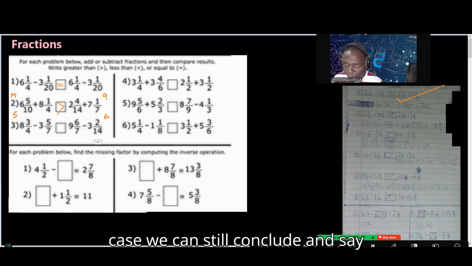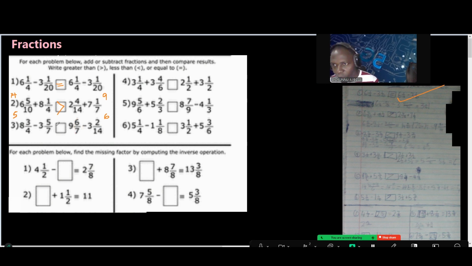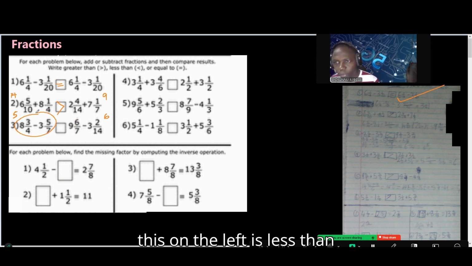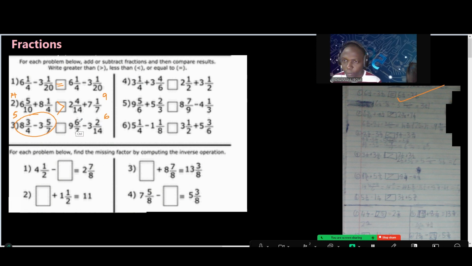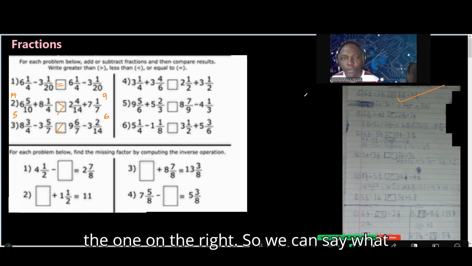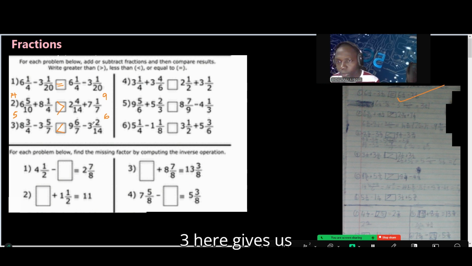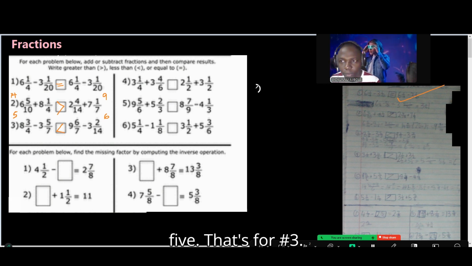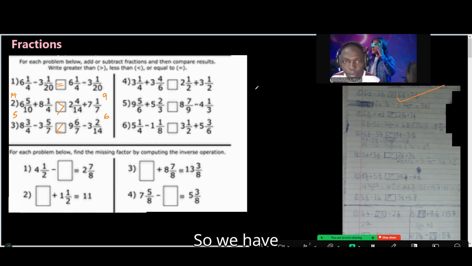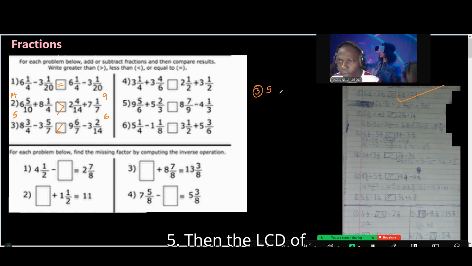So with this case, we can still conclude and say this on the left is less than the one on the right. But we can verify. So 8 minus 3 here gives us 5. That's for number 3. So we have 5.